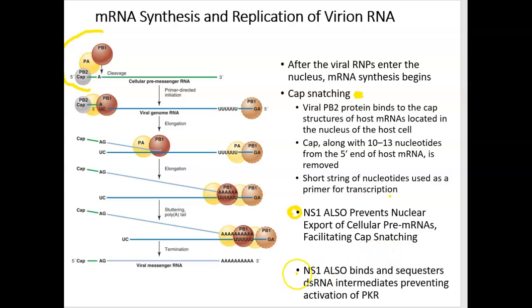And non-structural protein 1 also binds and sequesters double-stranded RNA intermediates, and this prevents the activation of the antiviral state. The non-structural proteins also enable the alternative splicing, so you get the non-structural proteins 1 and 2, and you get both matrix proteins M1, which forms that kind of shell, and the ion channel that allows it to uncoat.